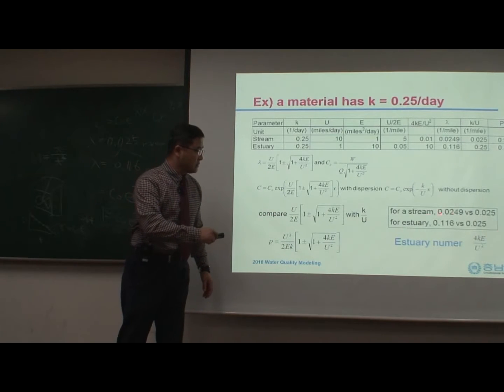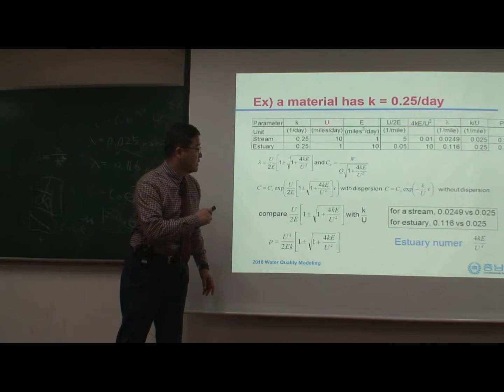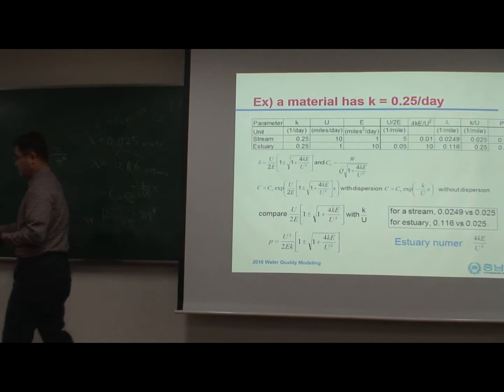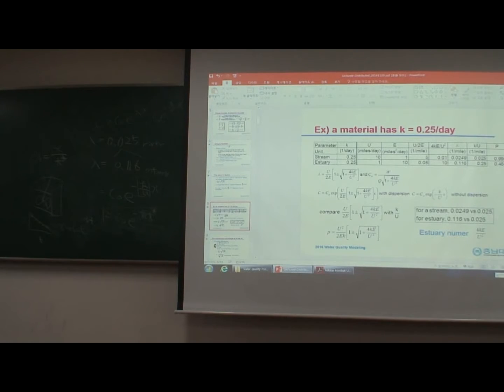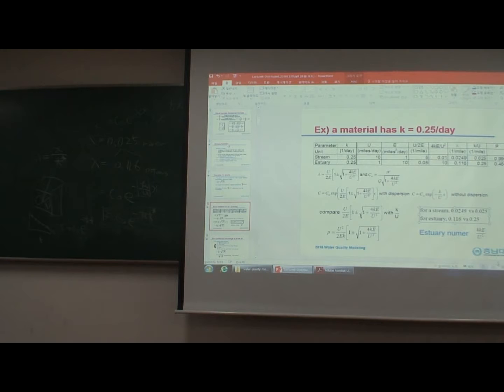But in the case of the estuary, k over u is, what is this? This must be, okay, u is now different. u was 10, but now it's 1, so this is wrong, also that should be 0.25, right?